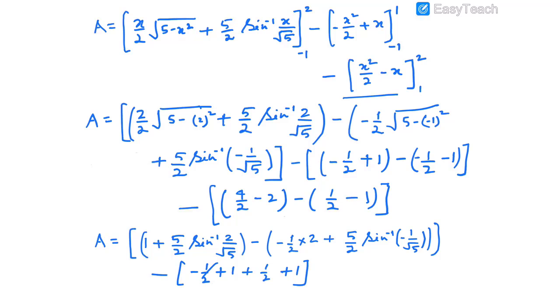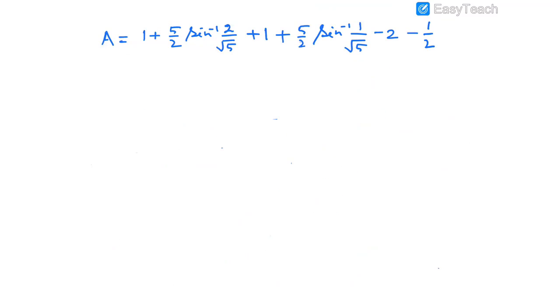and third term is, here the plus 1 by 2 and the minus 1 by 2 is cancelled out, and third is minus 4 by 2 is 2, so 2 minus 2 minus 1 by 2, and minus minus is plus 1. So after simplifying we get A is equal to 1 plus 5 by 2 sin inverse 2 upon root 5 plus 1 plus 5 by 2 sin inverse 1 upon root 5 minus 2 minus 1 by 2.